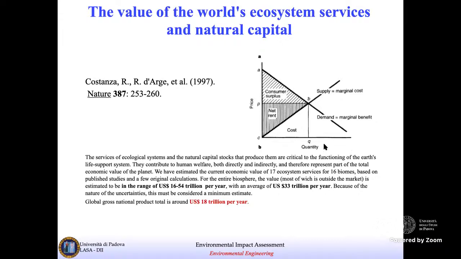You know that in economic terms, if the demand is larger than supply, then the prices of a good tend to grow. On the contrary, if the supply is larger than the demand, the price of a good tends to fall.